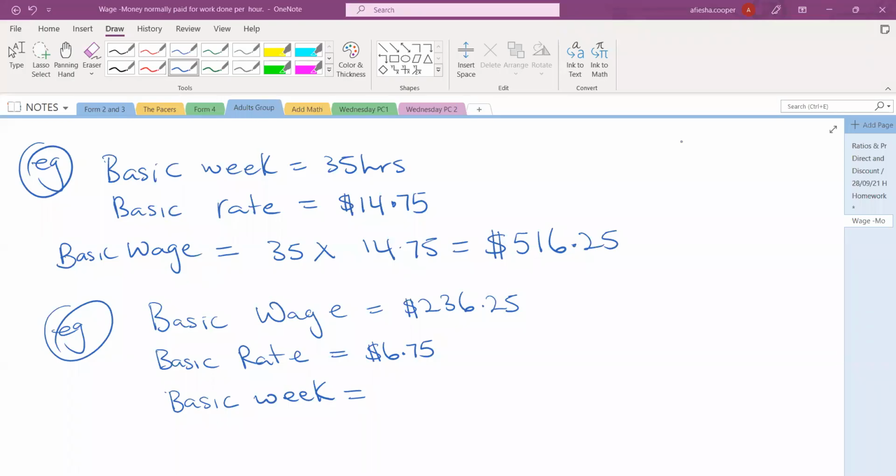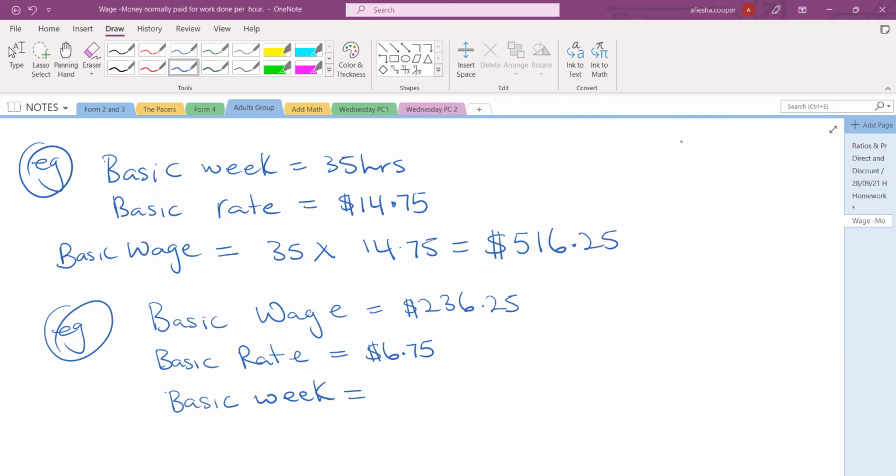We have another scenario that is saying someone's basic wage at the end of their 2-week period or their week period, they would have received $236.25. And their hourly rate is $6.75.